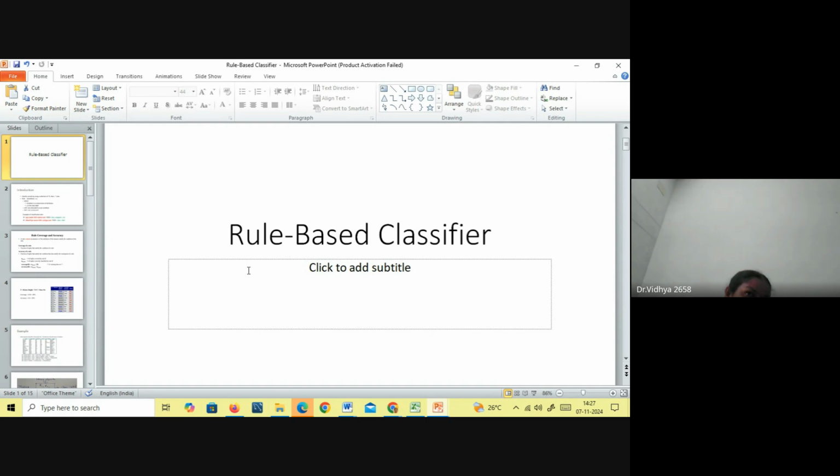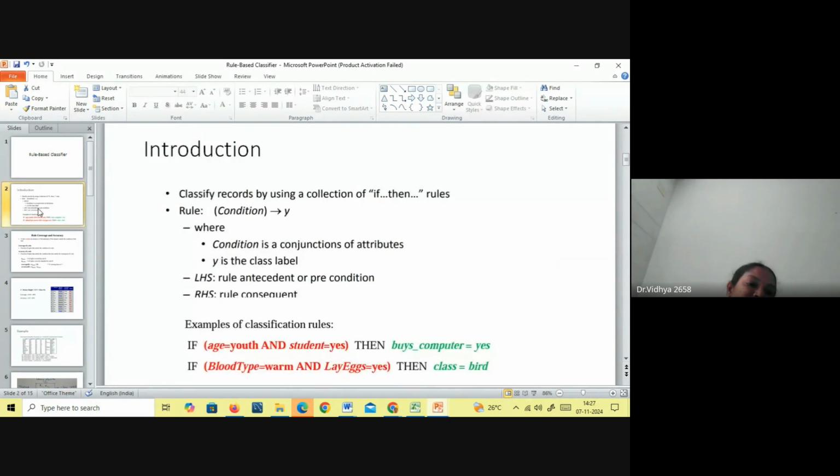In our physical class, I will teach you problems solved using decision trees as well as the rule-based classifier techniques. So in our previous slide, we studied the decision tree techniques.